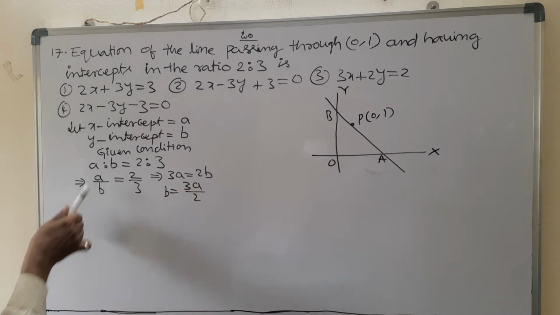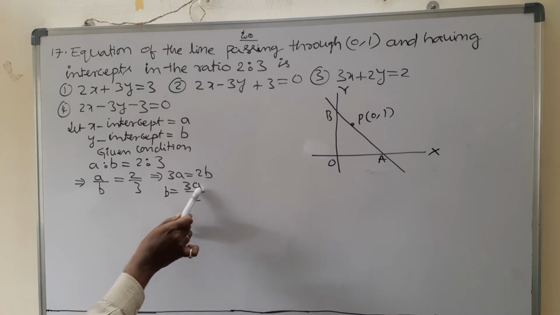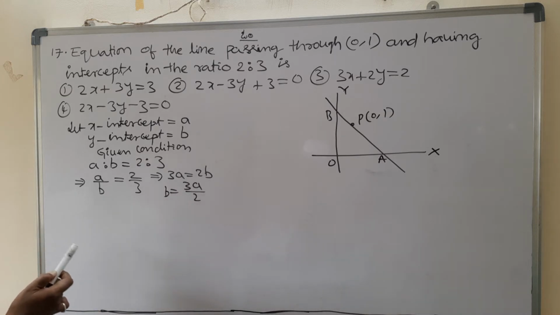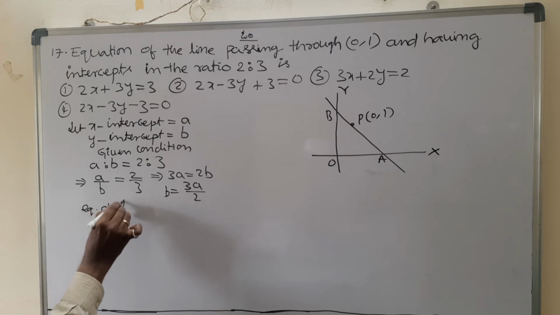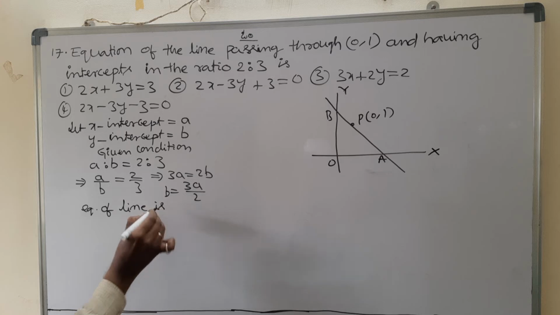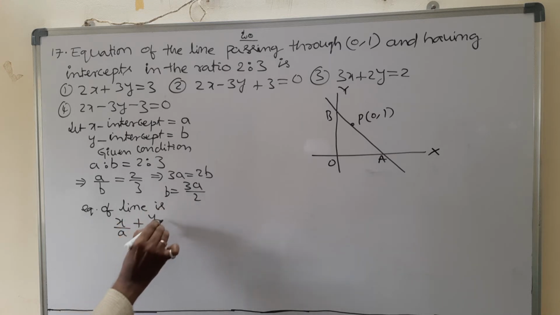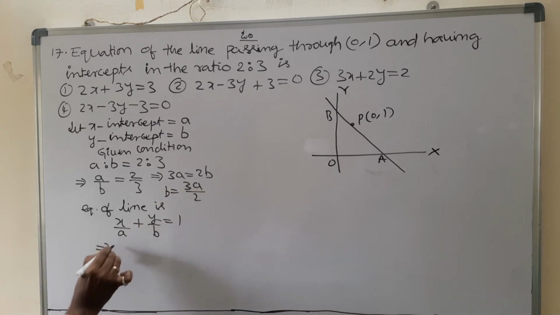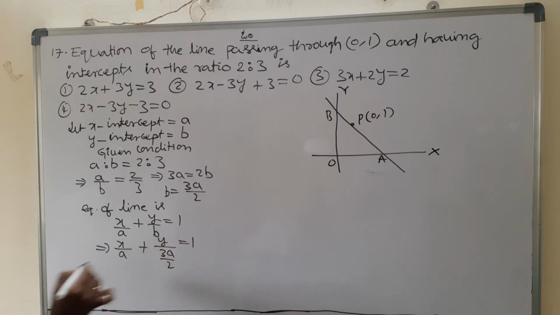In this situation, to convert b in terms of a, or a in terms of b, any one can be applied. The equation of line is x by a plus y by b equal to 1. Here b value equal to 3a by 2. x by a plus y by 3a by 2 is equal to 1.